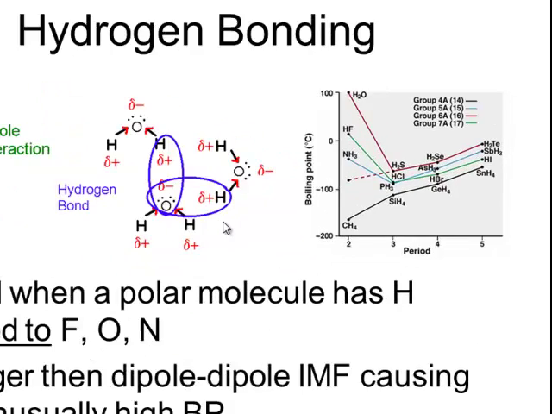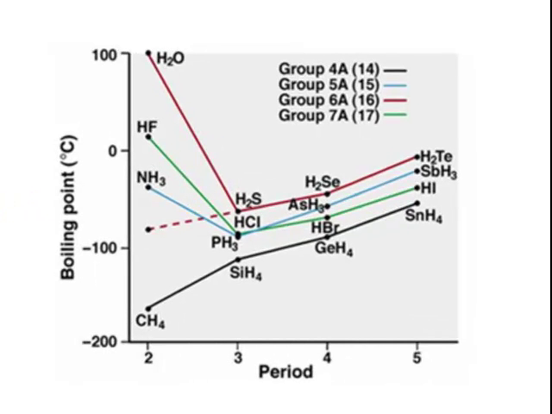If I look at this graph on the right, the molecules that are listed along the black line are all examples of nonpolar molecules that have London dispersion forces. So they will have the lowest boiling point of all of the compounds on that graph. Notice as I move down the carbon group, from carbon to silicon to germanium and then tin, the boiling point of those compounds gets slightly higher.